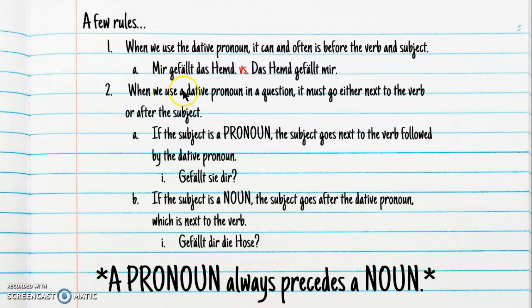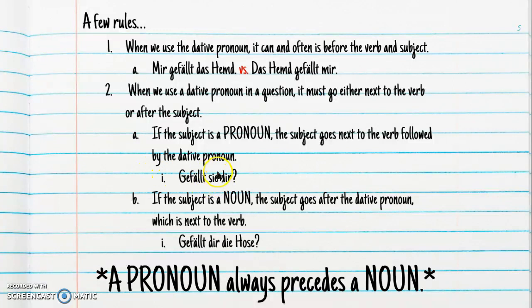Number 2, when we use a dative pronoun in a question, it must go either next to the verb or after the subject. So 2A says if the subject is a pronoun, the subject goes next to the verb followed by the dative pronoun. And the example is gefällt sie dir?